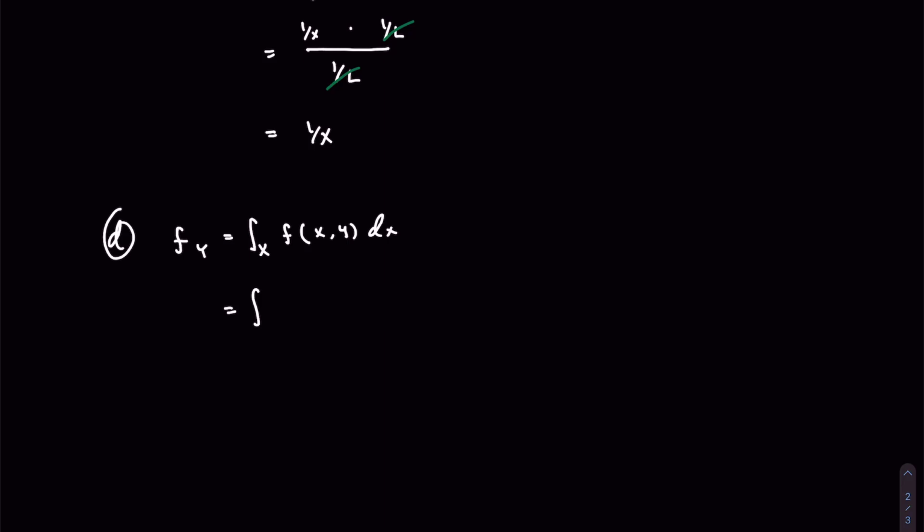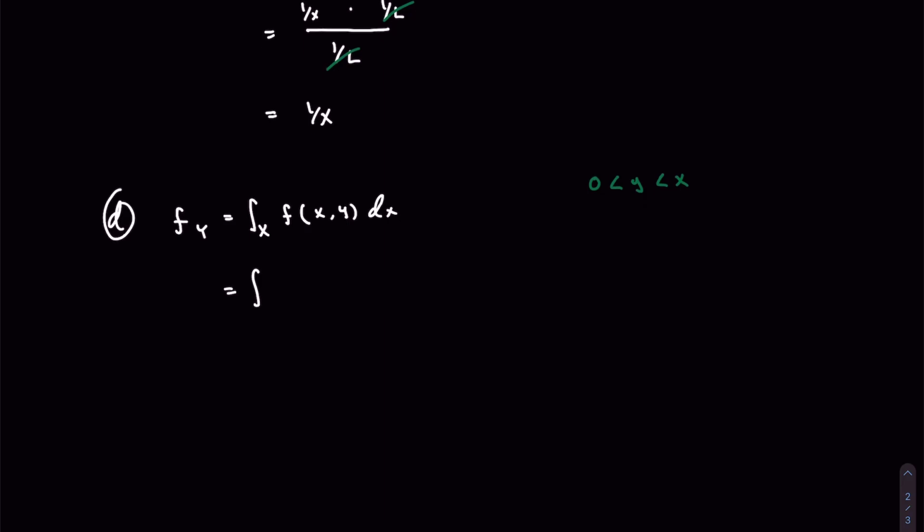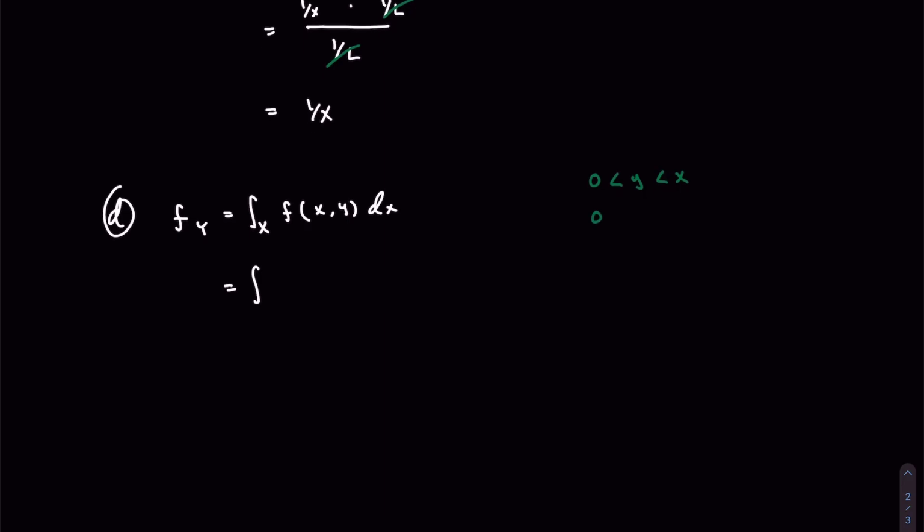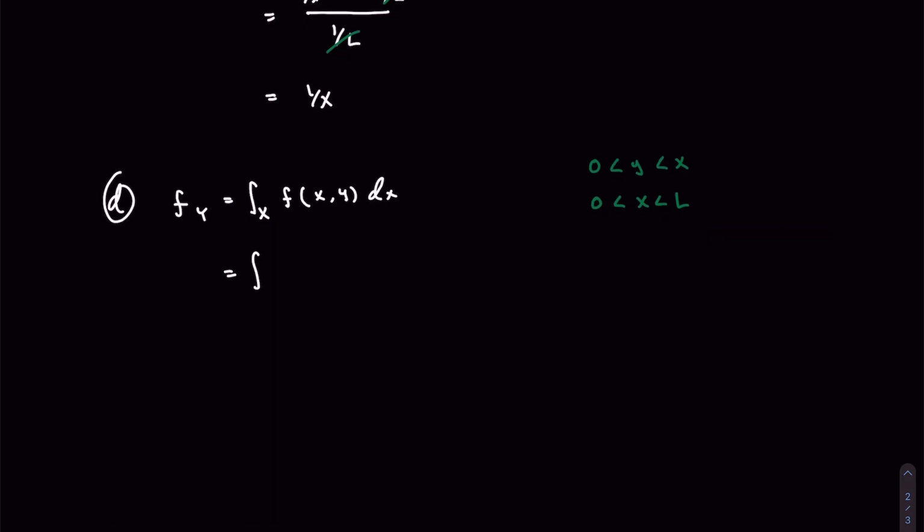So we know that y goes over that support, and we also know that x goes from 0 to L, right? So then x has to go from y to L in order to fulfill this condition so that we respect the support of y.